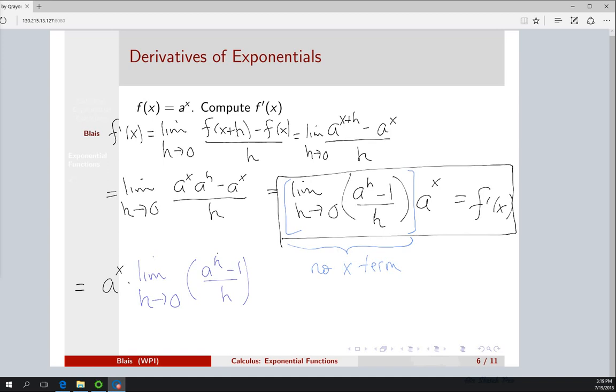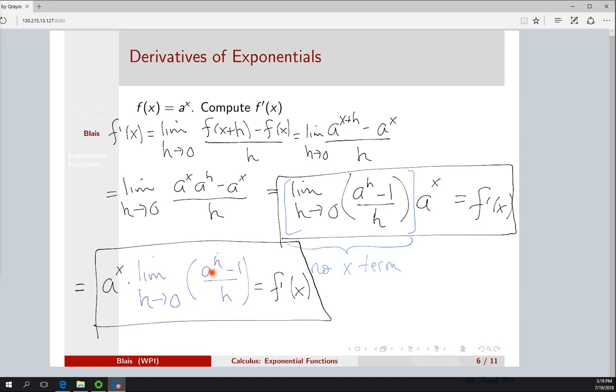So we now see that this derivative, f prime of x, equals a to the x, which is the original f of x, times this limit. This is just some number. There's no x involved here. It's a number, right? h is going to 0. That's the limiting factor.